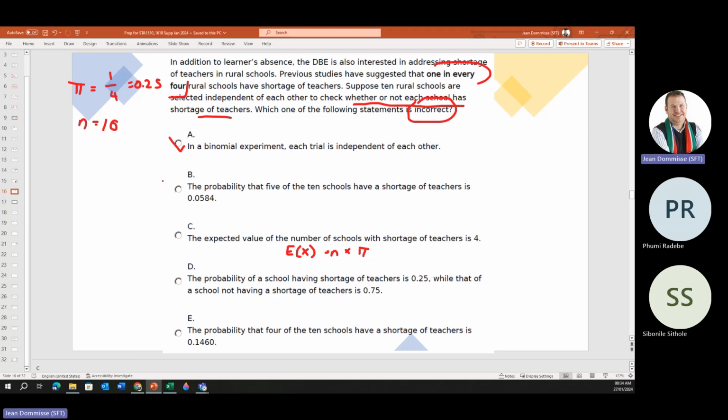So binomial, each trial is independent. Let's look at option 3 first. We know n is 10, the pi is 0.25, and that will give me 2.5. Then we're looking for the incorrect one, so the incorrect one is C.